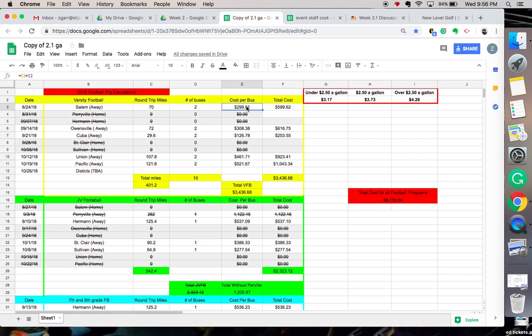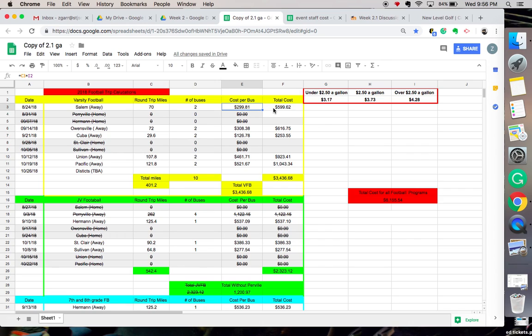70 times $4.28 a gallon, but I used the function, so I did C3, which is right here, times I2, and that gave me $299.81.